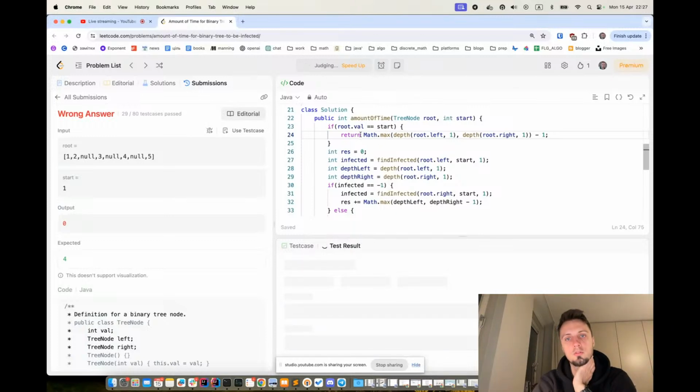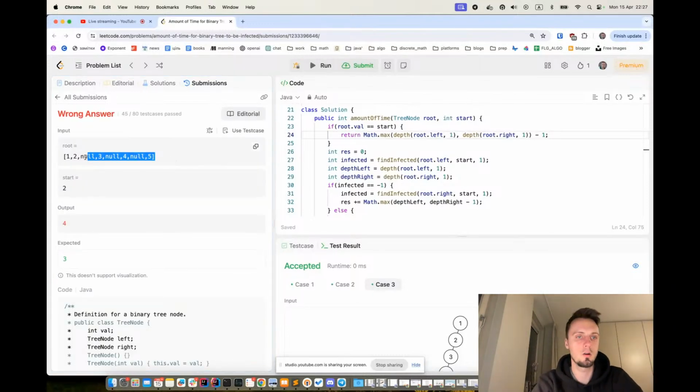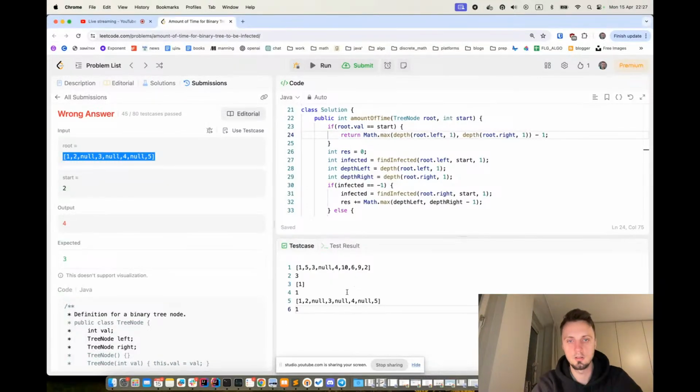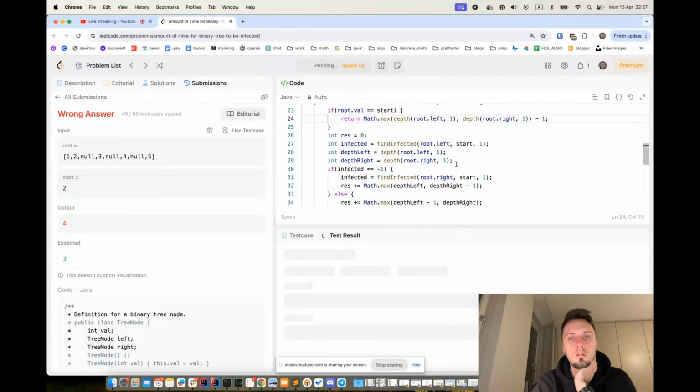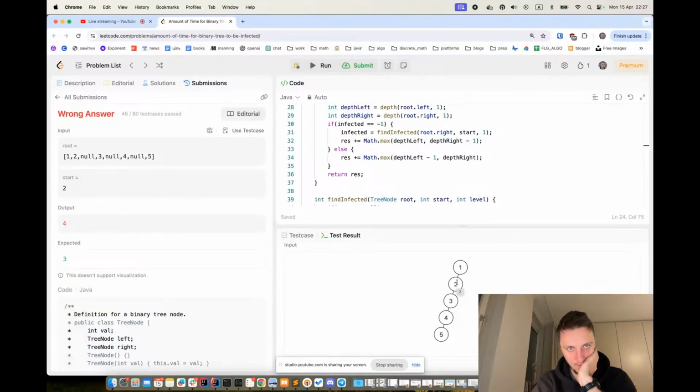Yeah, because we do not need to count this root. Okay, now we have another issue. Well, let's check it. Run. Okay, we have 4 but expected 2... 1, 2, 3. So it actually should be 3.